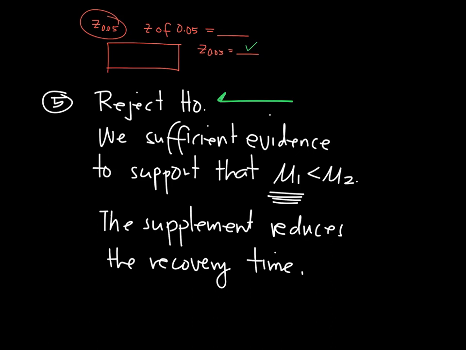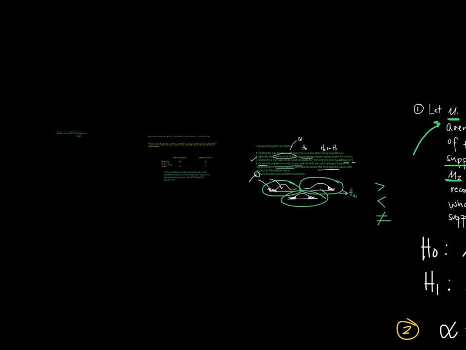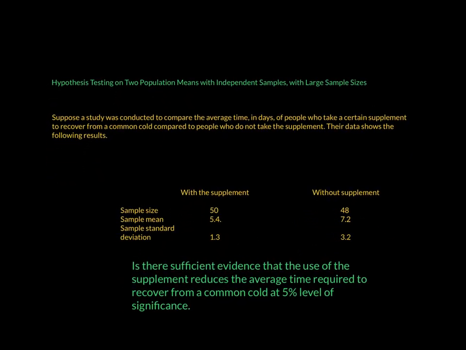This is because we have sufficient evidence to support that mu1 is less than mu2, meaning the taking of the supplement reduces the recovery time. That's for the hypothesis testing on 2 population means with independent samples and large sample sizes. That's it.